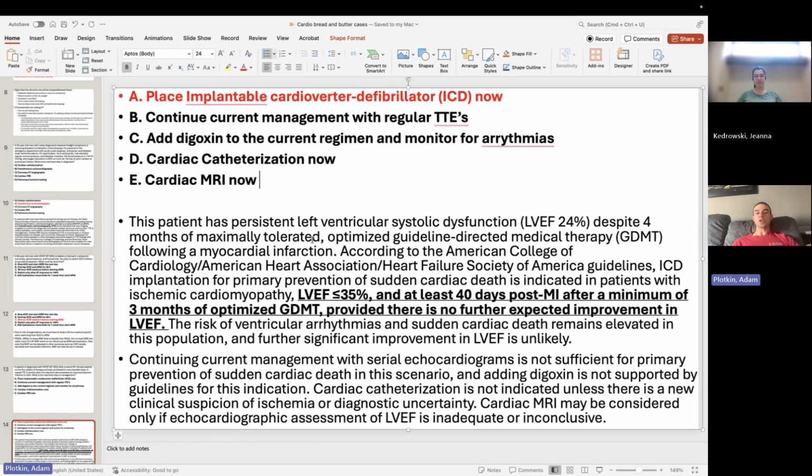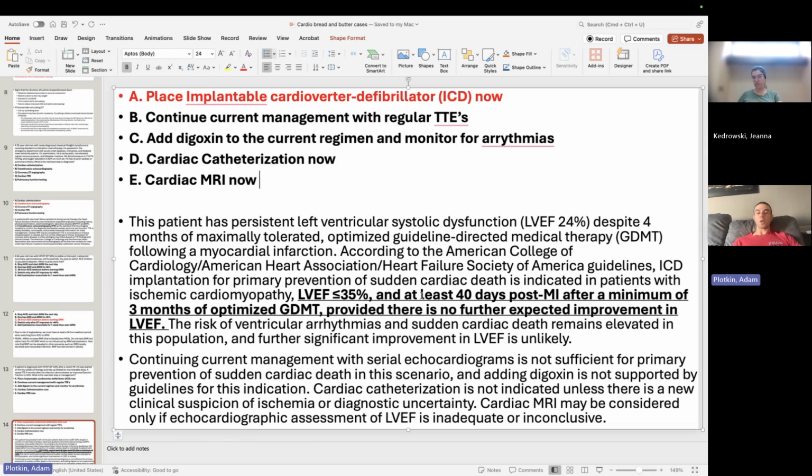No need for that. So what you need to know going into Step 2 is if the patient has been on max tolerated GDMT, goal-directed medical therapy, for at least 3 months, and his ejection fraction is still less than or equal to 35%, that is an indication to place an ICD.